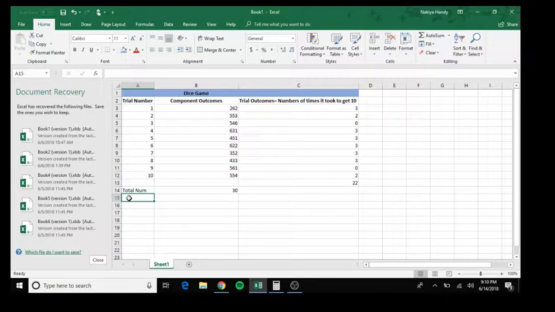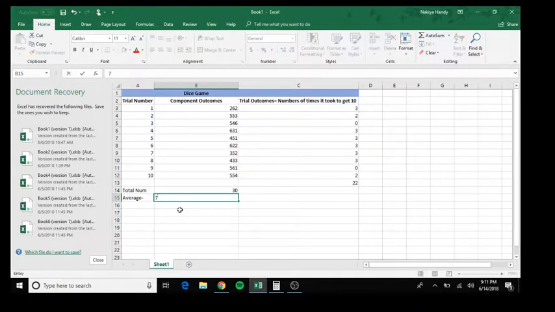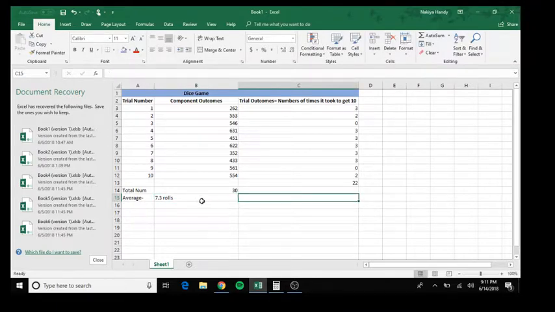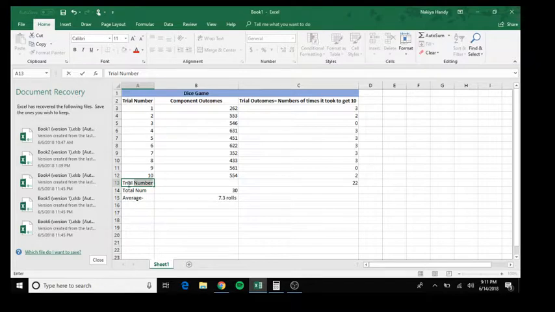Okay, so the average was 7.3 rows. And trial outcomes was 22.